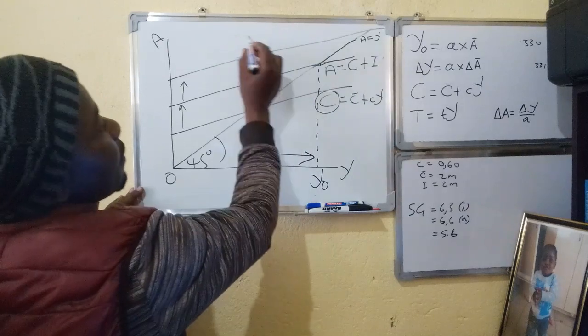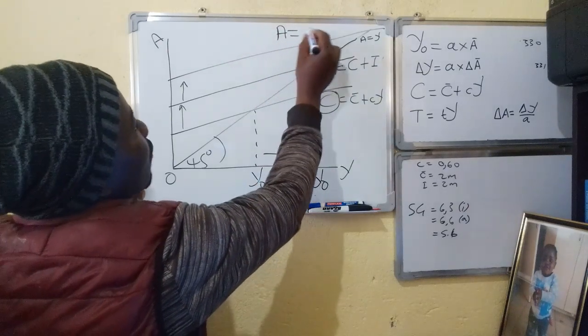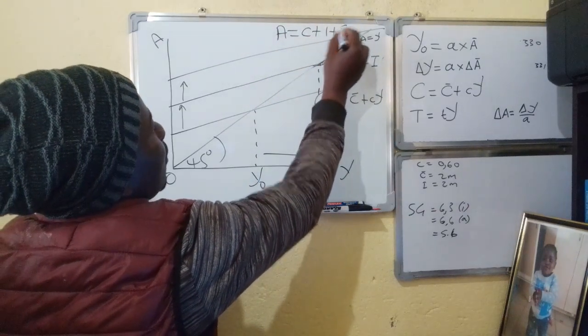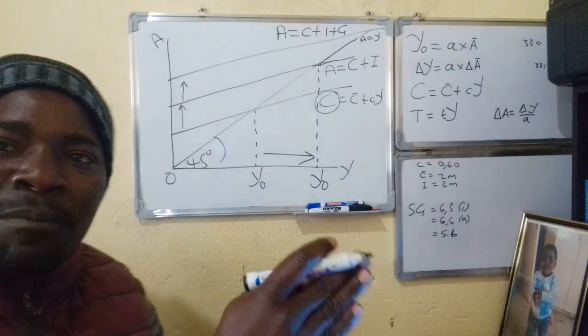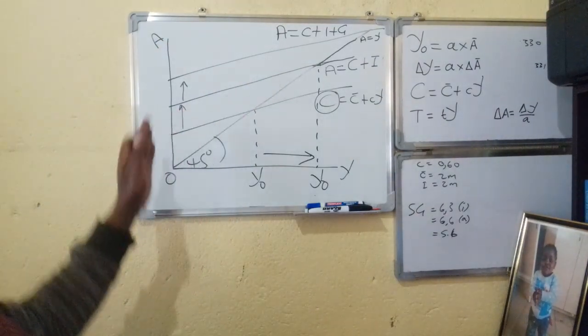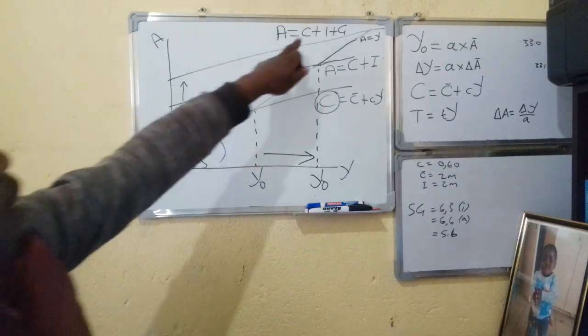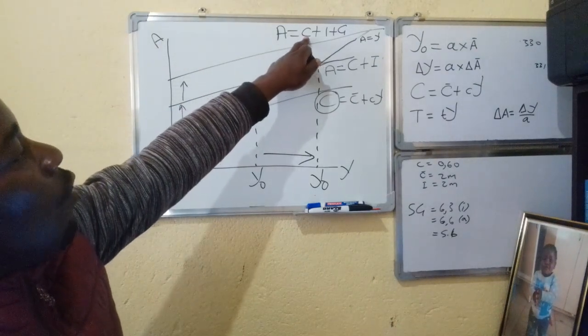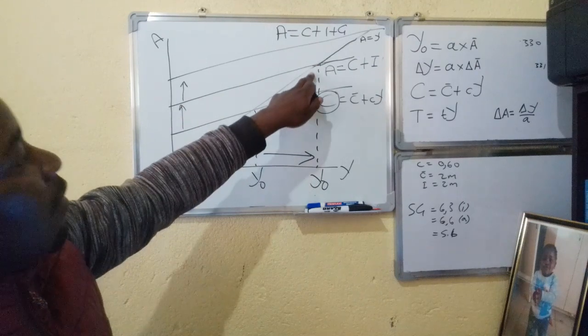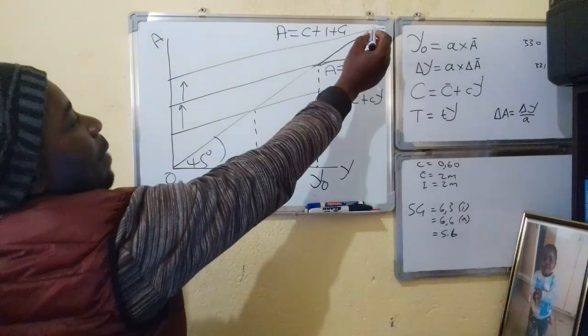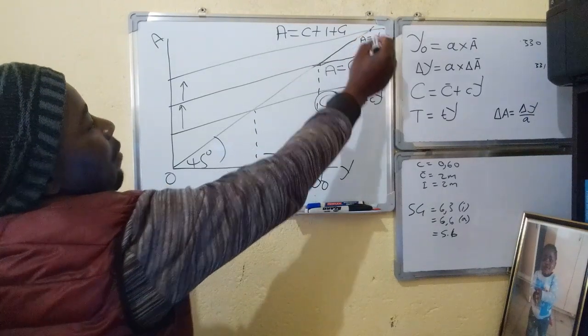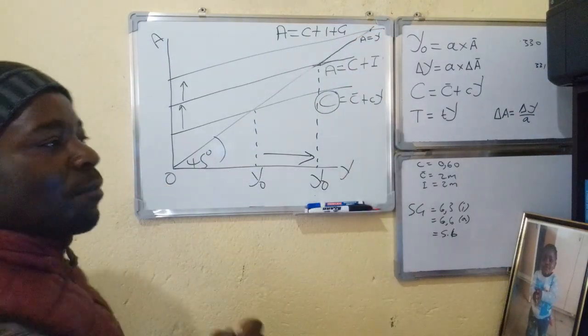And it will be named A equals C plus I plus G. Can you see? The more we add another item of expenditure, the more the same curve is pushed up. This involves this and this. This now involves even more. And the equilibrium level of income is now there. It keeps on pushing up.